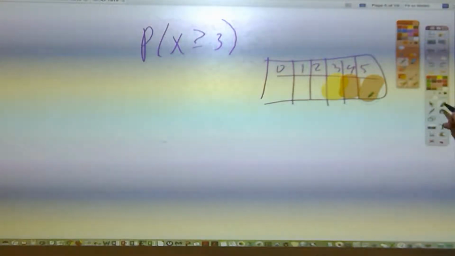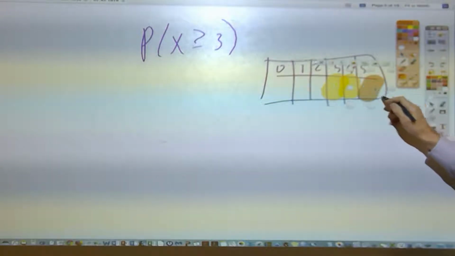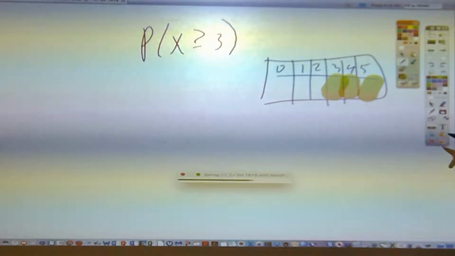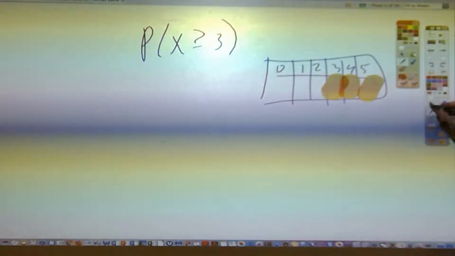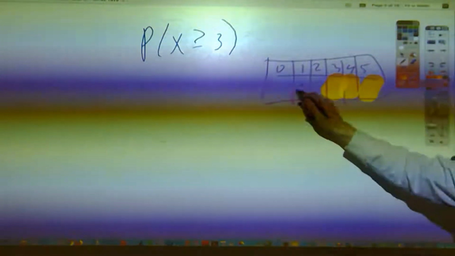The way to add up the 3 yellow boxes is to take one minus the 3 green boxes.